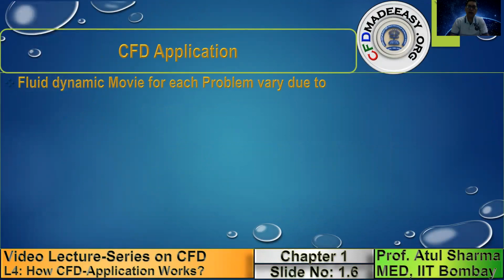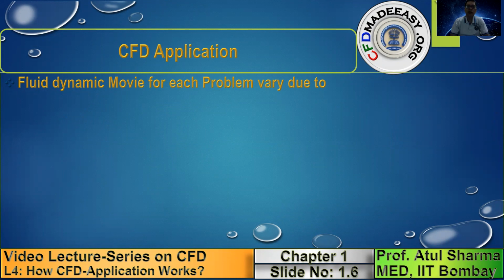All the fluid mechanics problems, when you do CFD simulations, all of them follow the conservation laws like mass, momentum, and energy conservation. However, the results for the various problems change due to the following reasons which will be discussed in this slide.